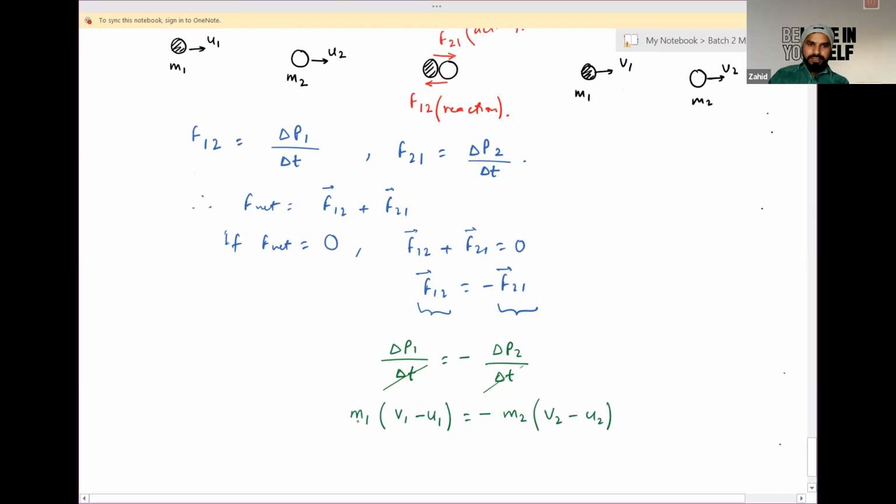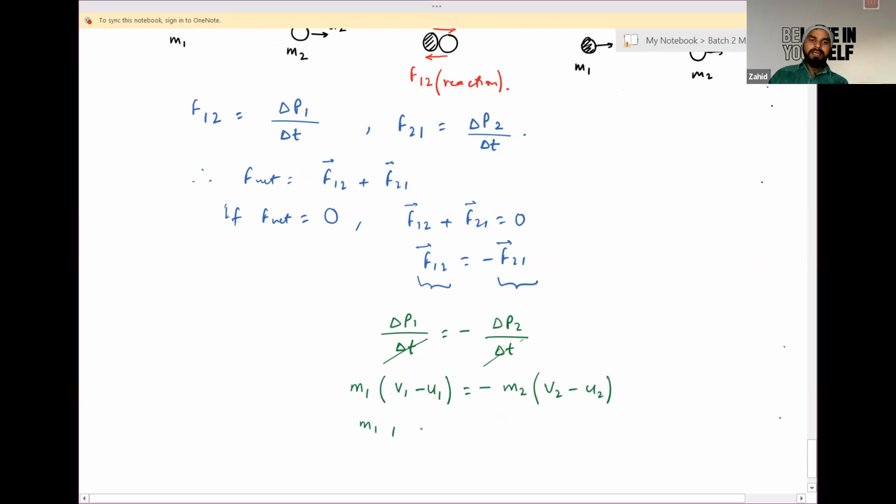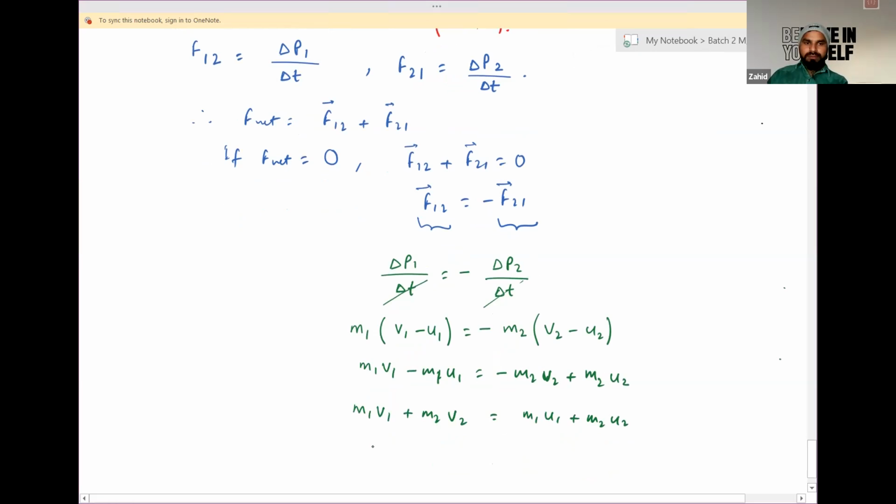On simplifying further, you will get m1 v1 minus m1 u1 equals minus m2 v2 plus m2 u2. Move m2 v2 to the left side and m1 u1 to the right side. You will get m1 v1 plus m2 v2 equals m1 u1 plus m2 u2, which means total linear momentum after collision equals total linear momentum before collision.